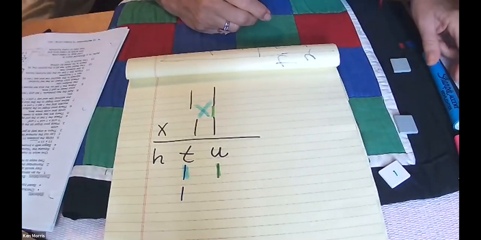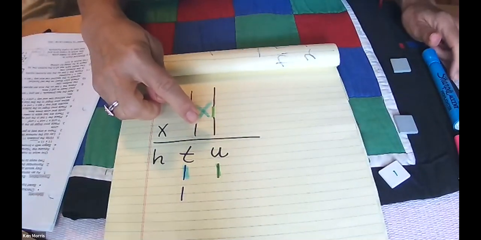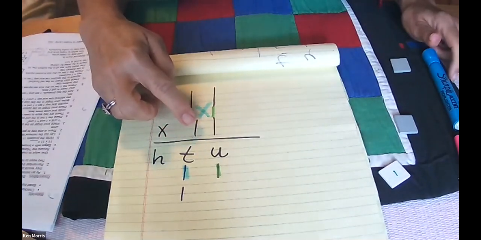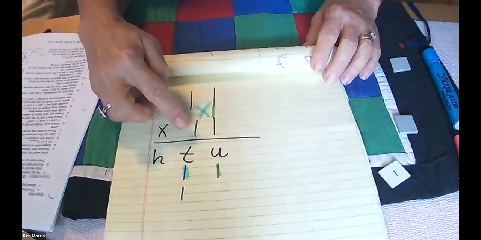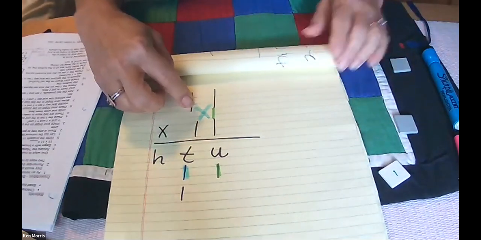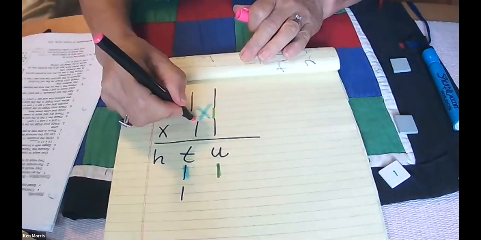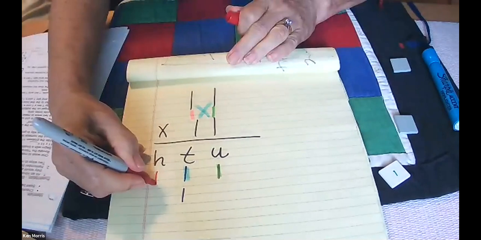Now, the next thing that we did is we did tens times tens. Tens times tens is the only way, in this case, to make 100. So we had 100.